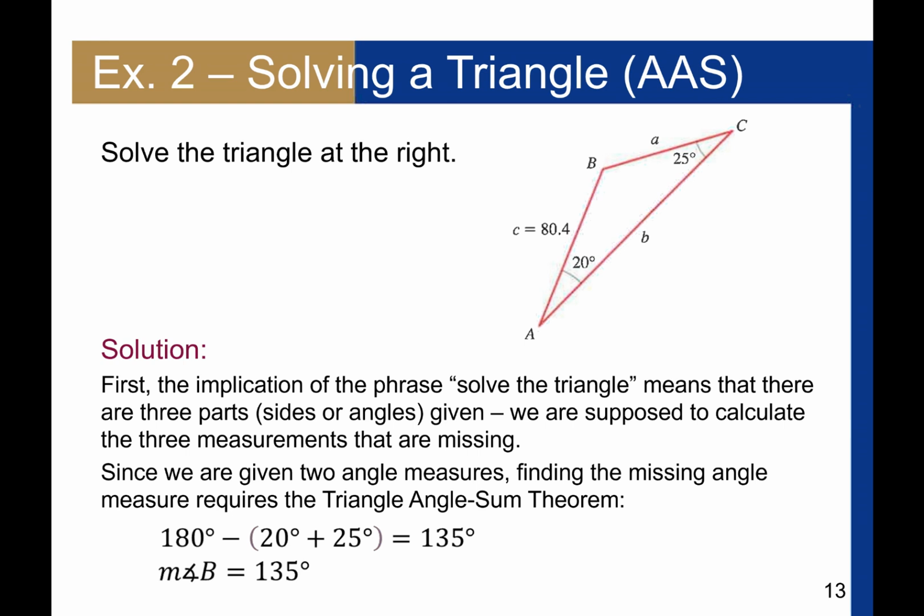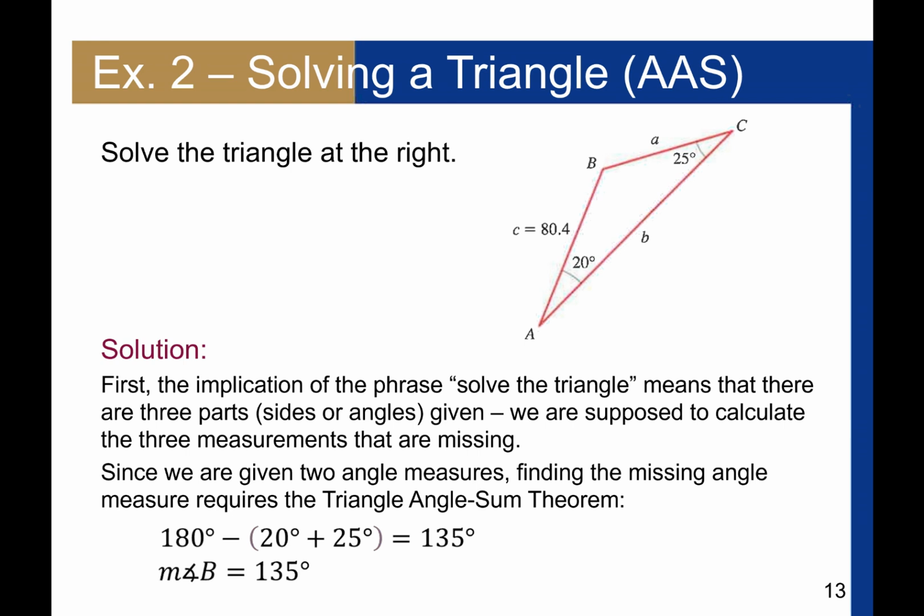And this one is not nearly as dramatic. It's just frequently you'll see these solve the triangle problems. Not a big elaborate story. Angle A is 20 degrees. Angle C is 25 degrees. So that means angle B has to be 135 degrees.